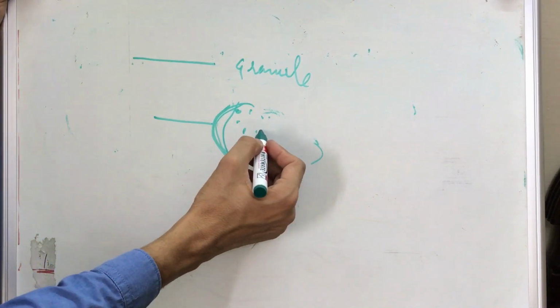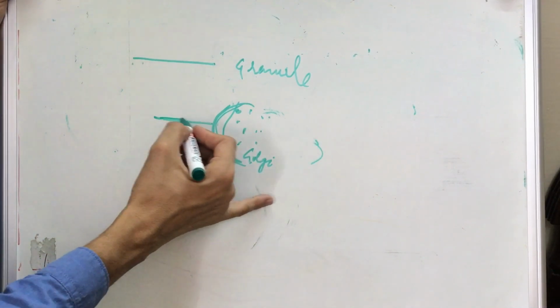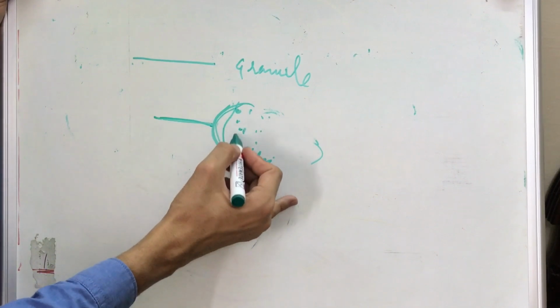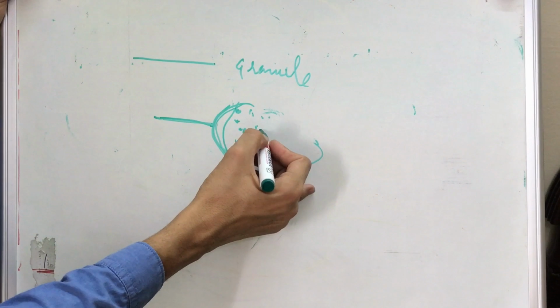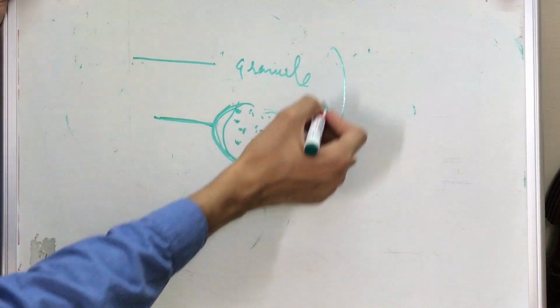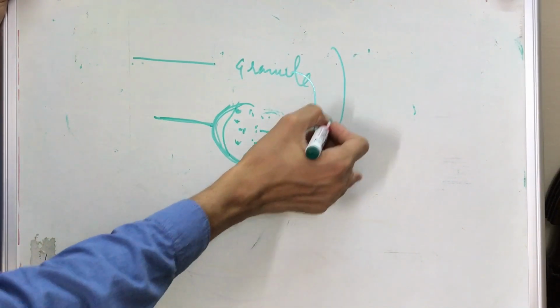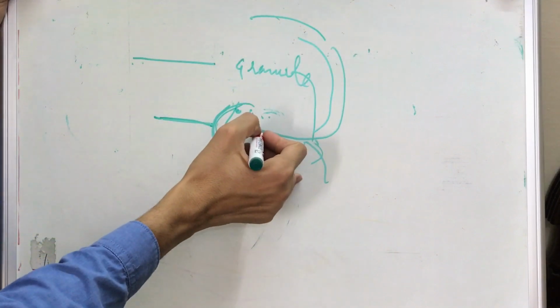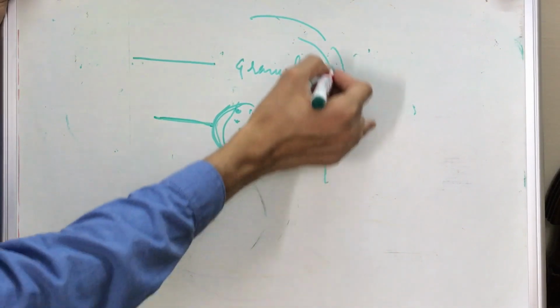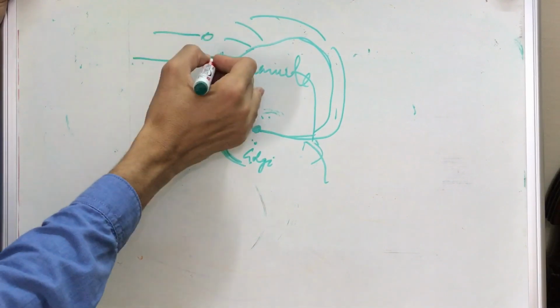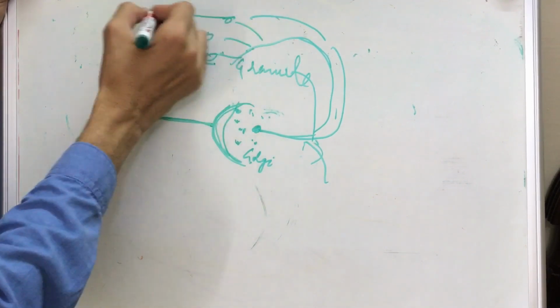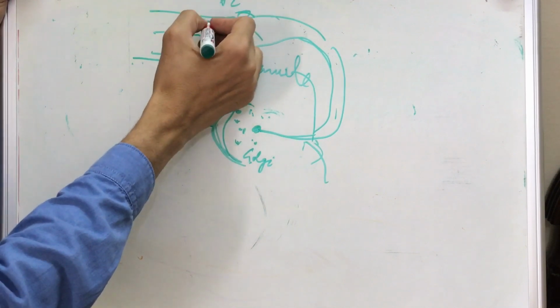Now, one mossy fiber is forming connections with many granule cells. And what was the granule cell doing? The granule cell was sending branches extensively through the parallel fibers. If we consider one granule cell, it has multiple branches of the fiber, and ultimately it will send the signal to multiple Purkinje cells. These are the Purkinje cells.